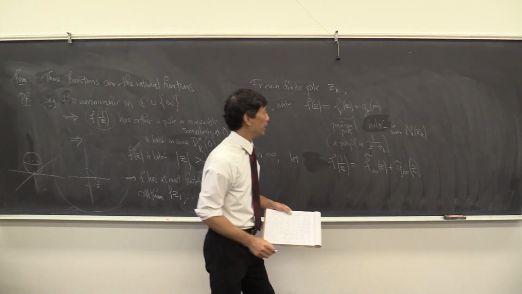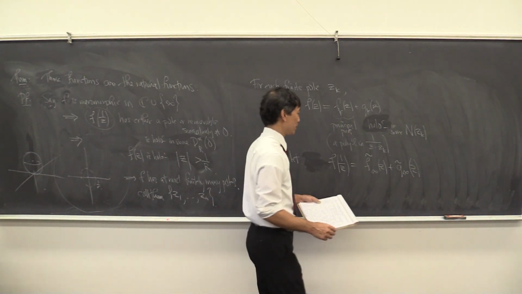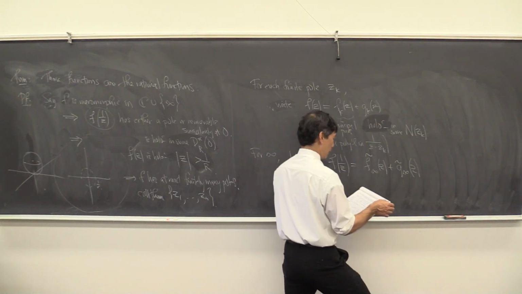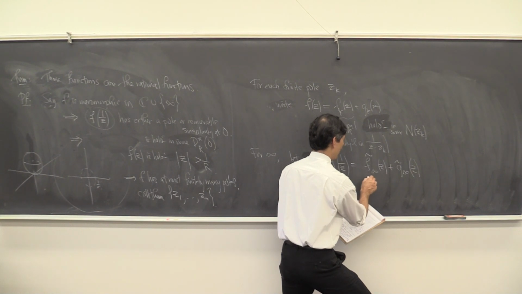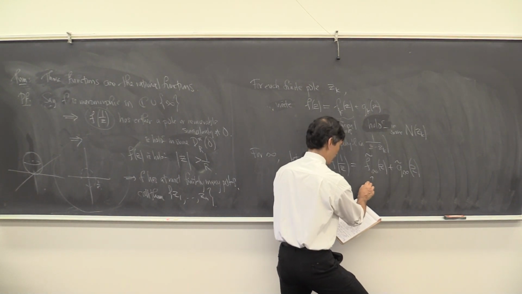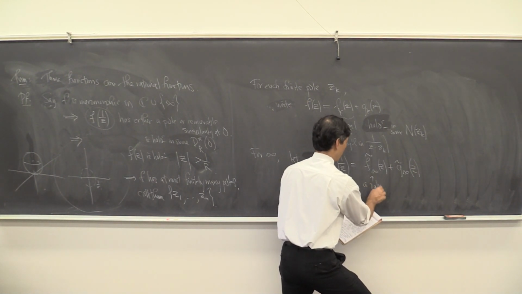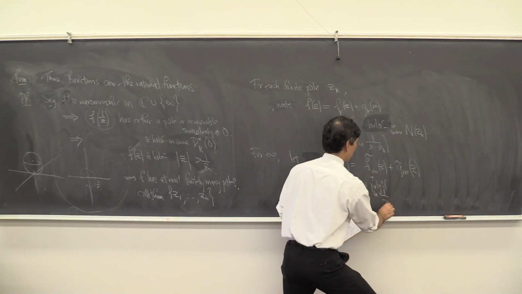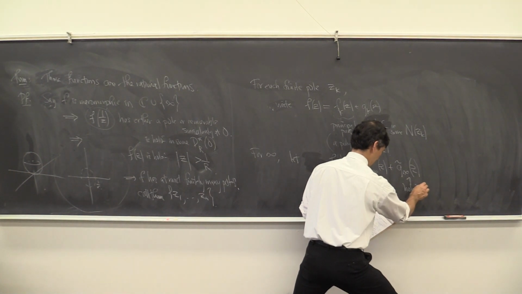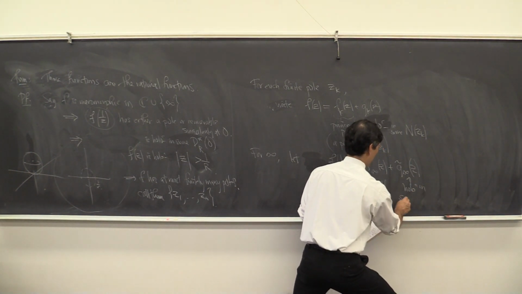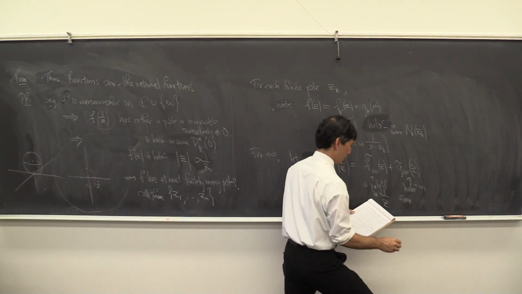So again, these are the principal and holomorphic parts near 0. This is the principal part, a polynomial in 1 over z, and this thing is holomorphic in some neighborhood of 0.